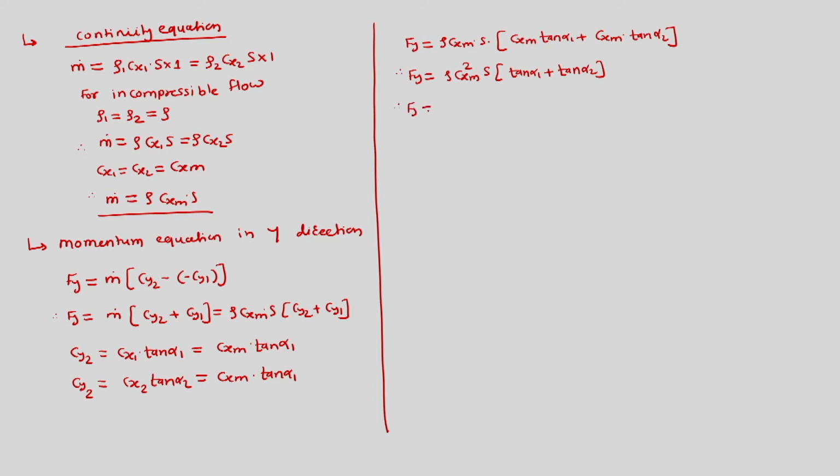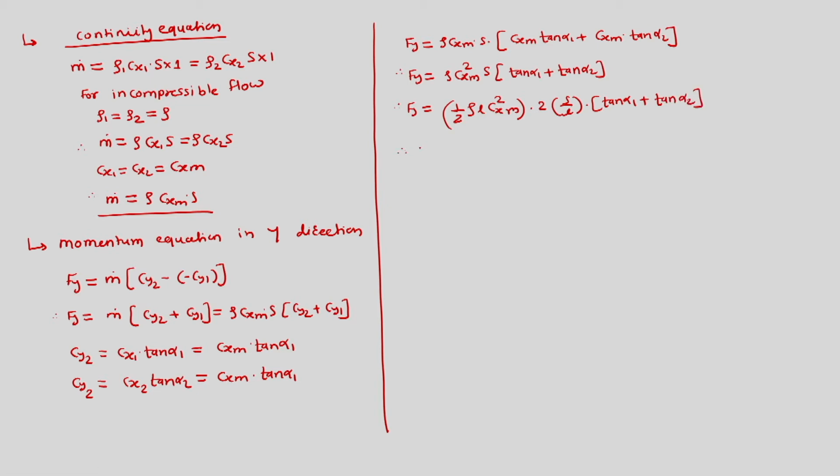We can rearrange the term and write it down as half rho L Cxm square into 2 into S by L into tan of alpha 1 plus tan of alpha 2.